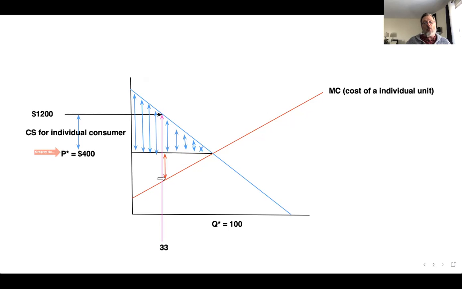But so for an individual supplier, the one that supplies the 33rd unit, they get to sell it for a price of 400, and their cost of producing that unit is something like, let's say, $200 per pound.